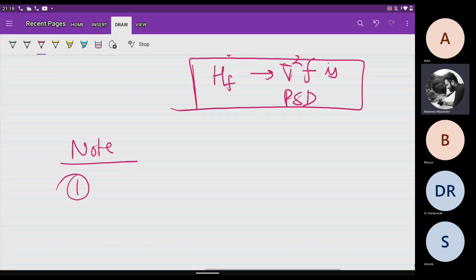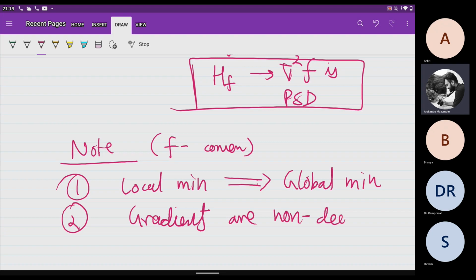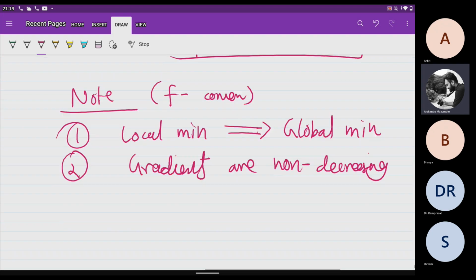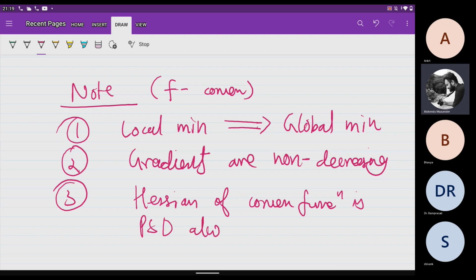So what we learned from these three things is that for a convex function there are three main properties: every local minima is a global minima; gradients are non-decreasing; and third, the Hessian of a convex function is PSD always.